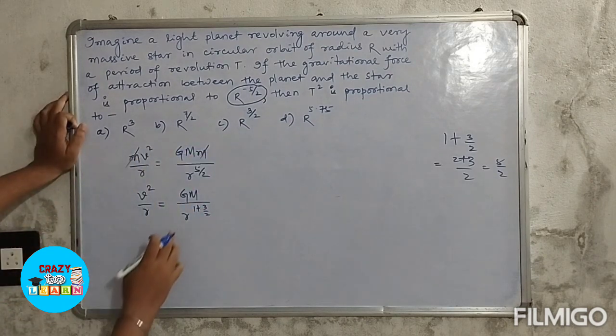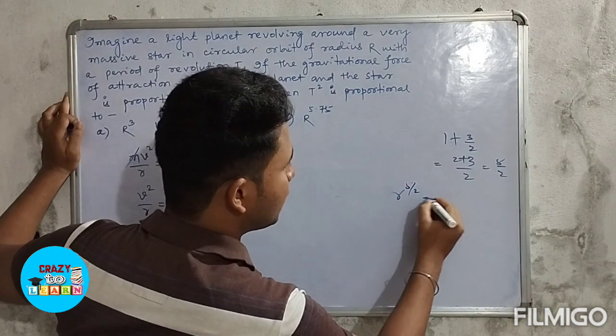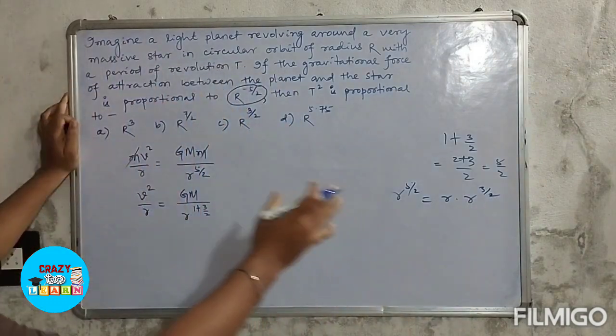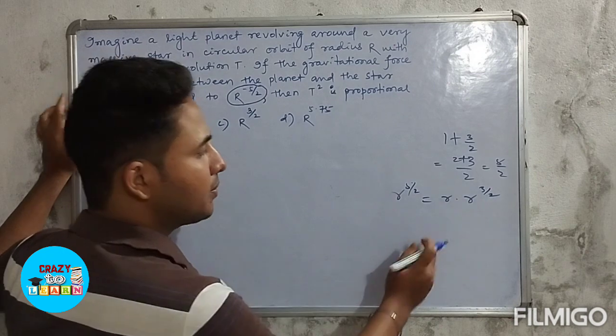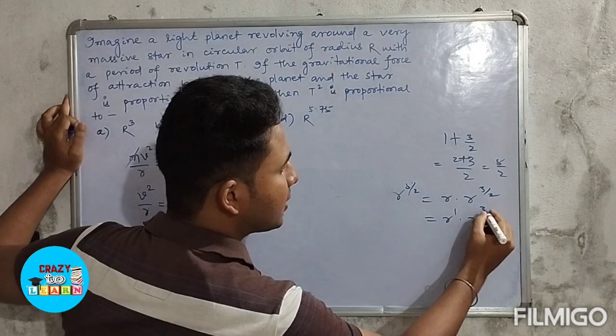So r power 5 by 2 you can write like r into r power 3 by 2. I want to show this thing. R power 5 by 2 is equal to r power 1 into r power 3 by 2.